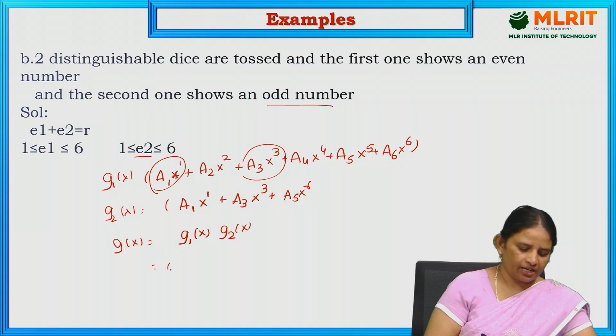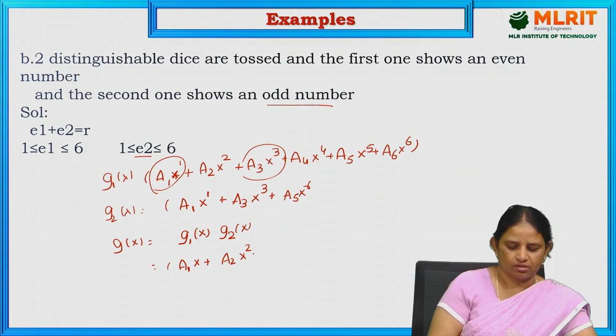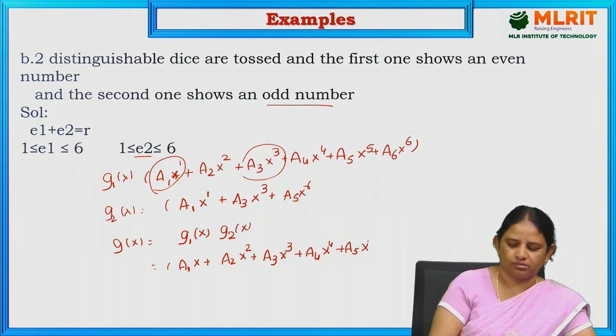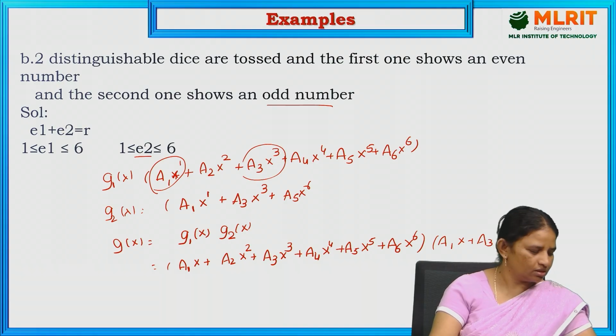That means (a1x plus a2x square plus a3x cube plus a4x to the power of 4 plus a5x to the power of 5 plus a6x to the power of 6) into (a1x plus a3x cube plus a5x to the power of 5).